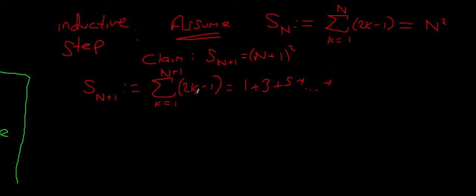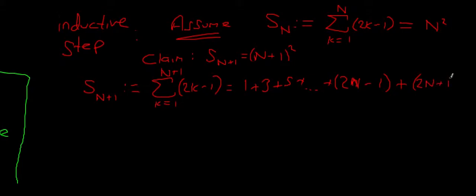So the last term is going to be, well, let's look at the second to last term. The second to last term is where k is n. So this is going to be 2n minus 1. And then the last term is going to be 2 times n plus 1, which is 2n plus 2, and then minus 1 is 2n plus 1.